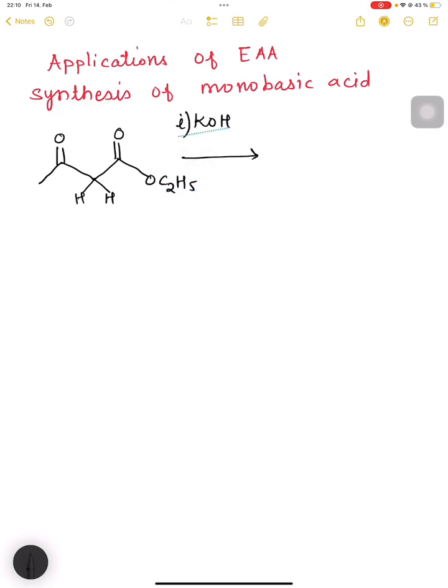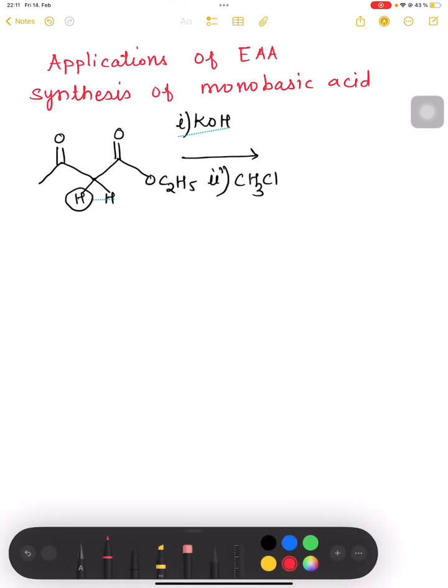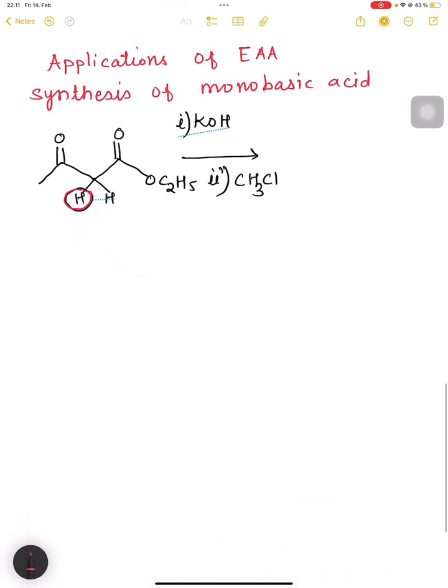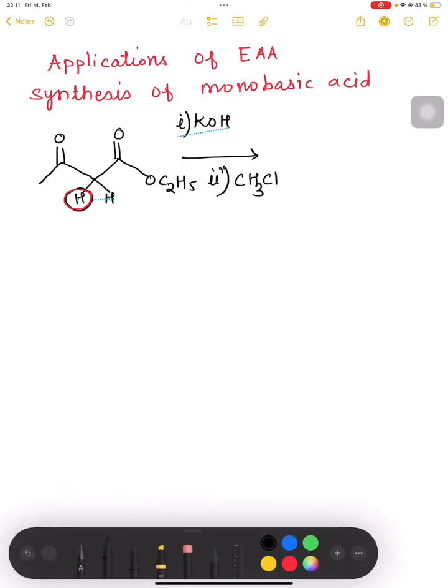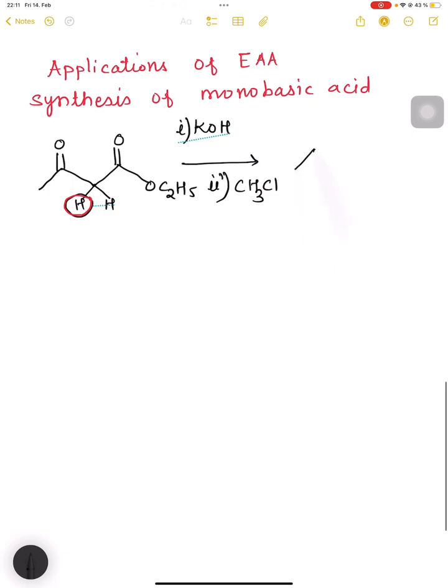one of the hydrogens will be removed and a carbanion is formed. In the second step, we treat this with an alkyl halide like CH3Cl, so the hydrogen is replaced. The remaining structure is as it is, C double bond O, OC2H5.